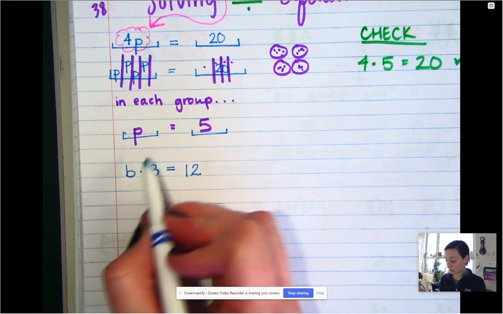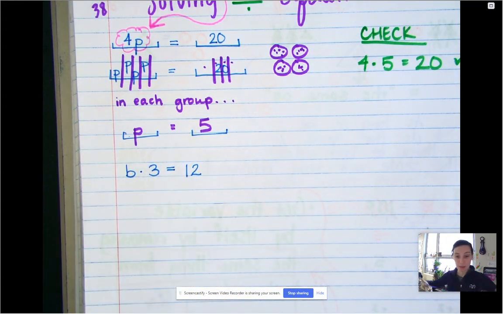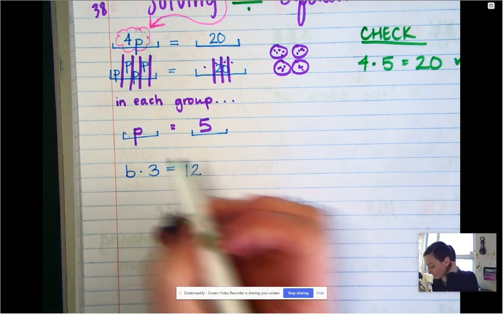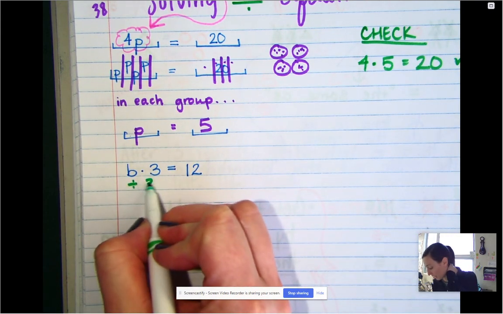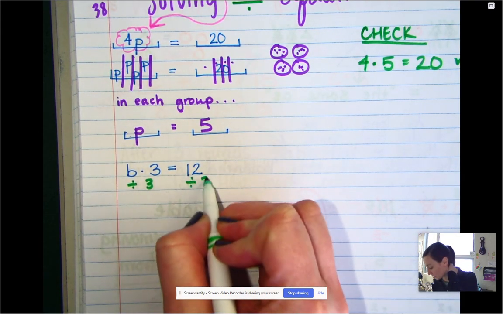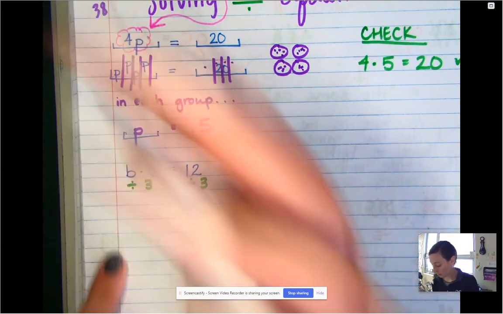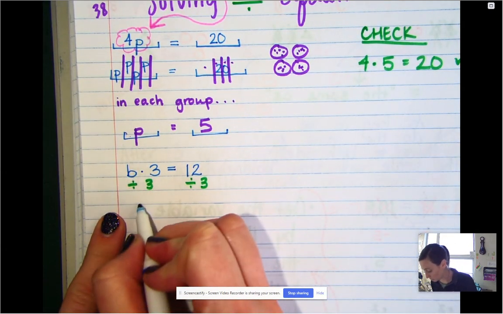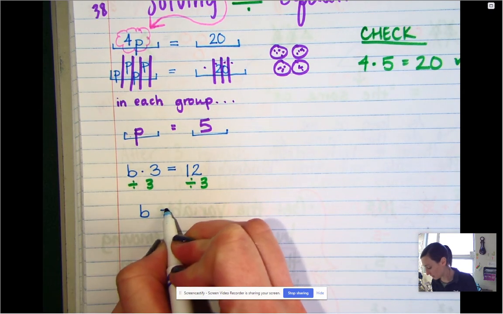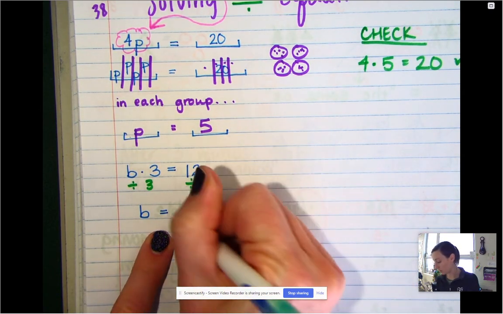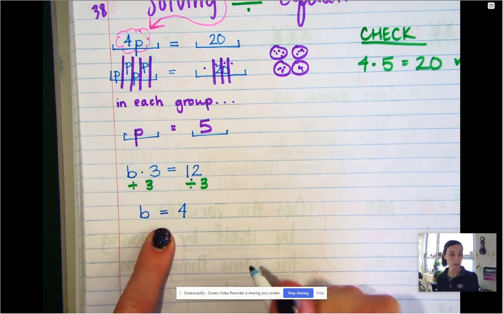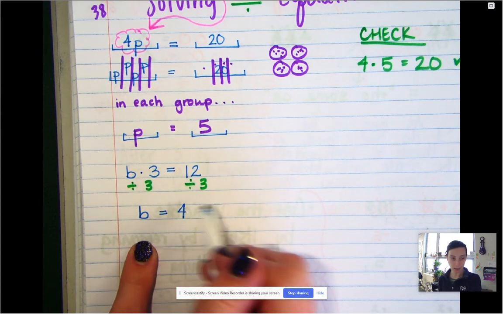So if this is 3 b's, I need to split that apart into 3 equal groups, so there's just 1 b in each group. So I divide both sides into 3 groups. And then in each group, b divided by 3 is just 1b, the same as 12 divided by 3. There will be 4 in each group. So b is the same as 4.